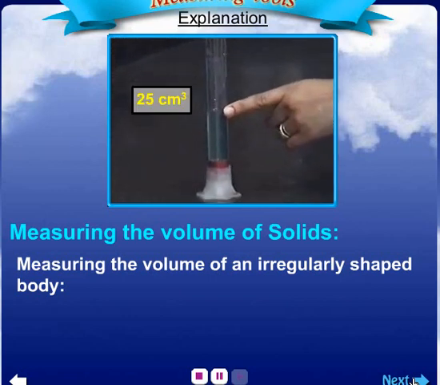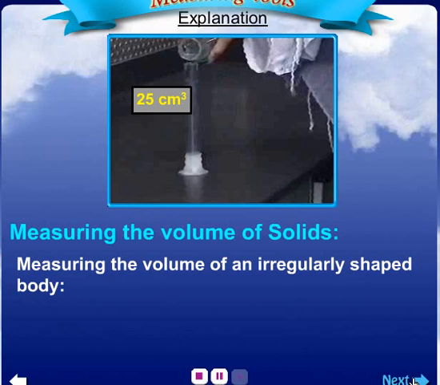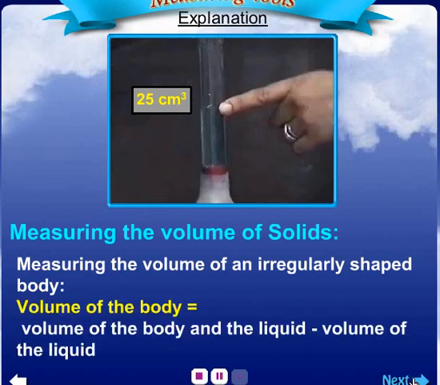Thus, we can determine the volume of the body as follows. Volume of the body equals volume of the body and the liquid minus volume of the liquid.